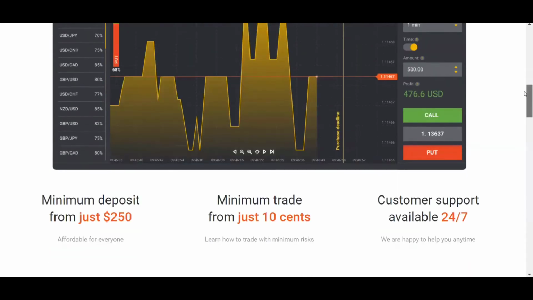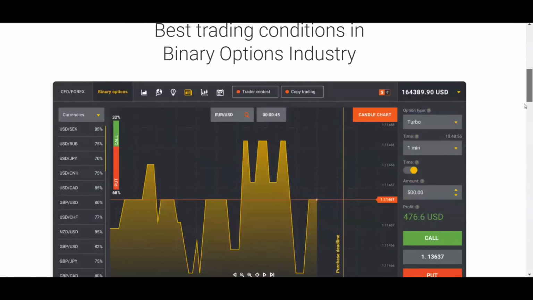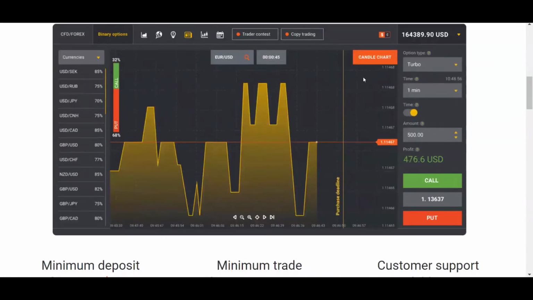So we talked about the minimum deposit is 250. This is your minimum trade. It says from just 10 cents. Now, a lot of people don't know where that feature is, because if you're right here, all you could do is dollars. But if you really want to make sure you never blow an account, meaning running out of money, you could do it by cents by clicking on the little cent icon here.